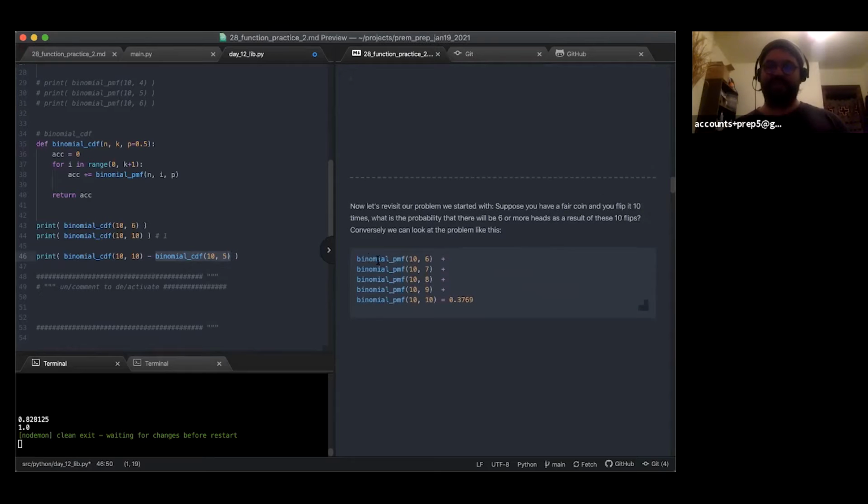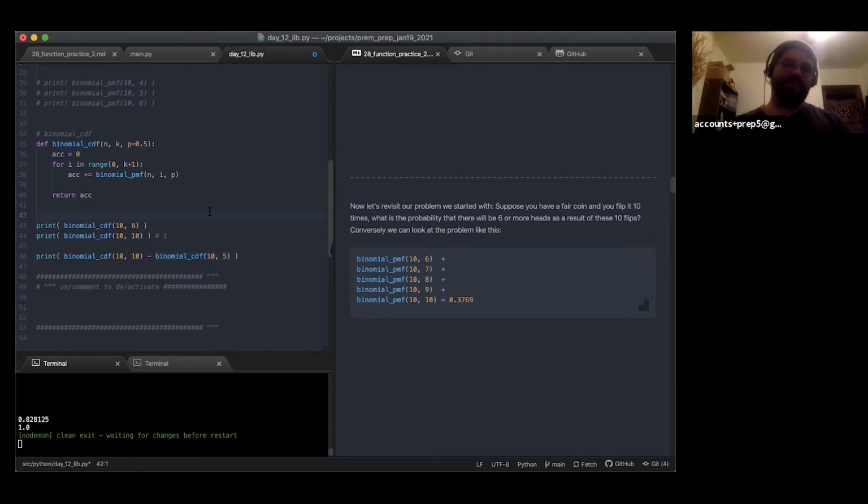And this is just an example of that. Another way of doing this is the probability of getting exactly 6 plus exactly 7 plus exactly 8 plus 9 plus 10. It's the same thing.